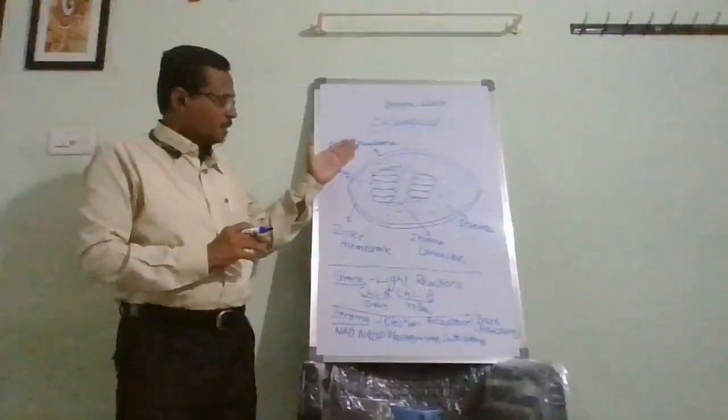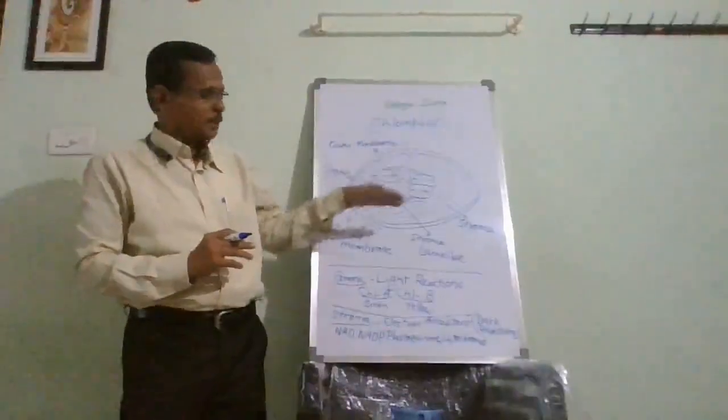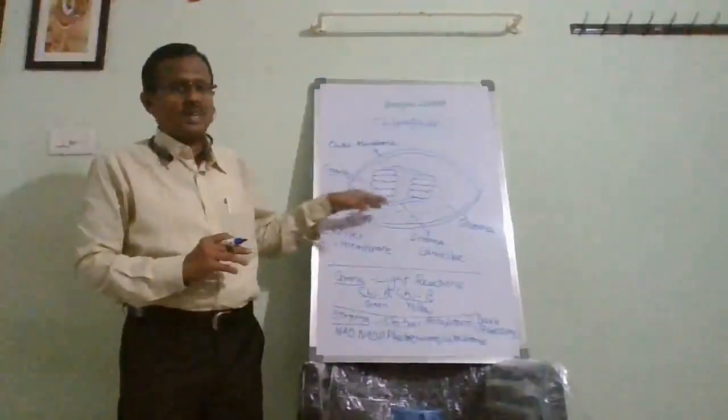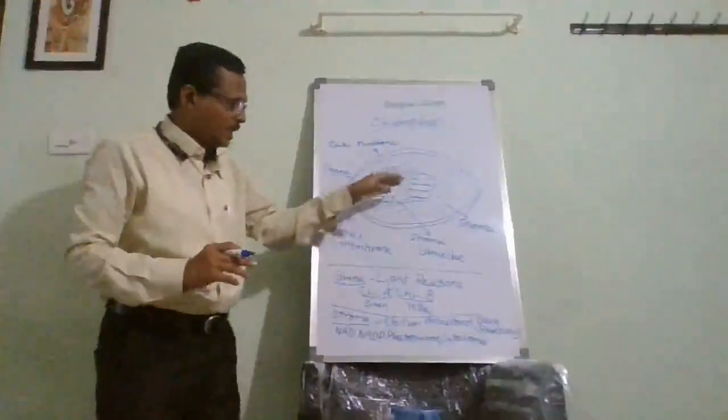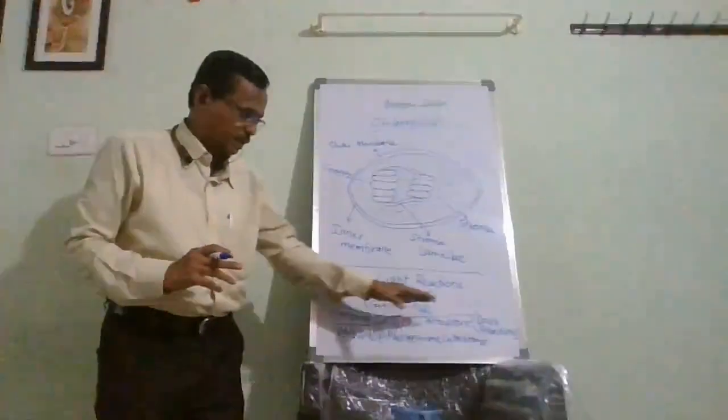That is, shifting over to the second concept called stroma. Stroma is a viscous, jelly-like, gelatinous substance that contains several types of electron acceptors.